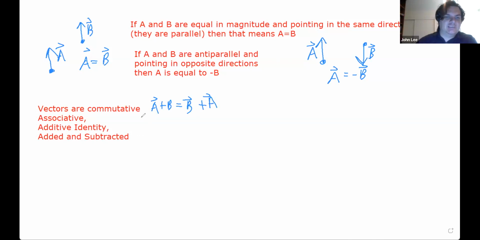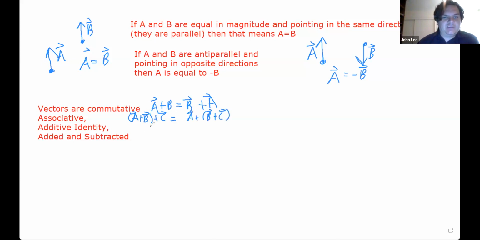Associative is the same property that you see in just number additions, where A plus B plus C equals A plus B plus C, grouped either way.